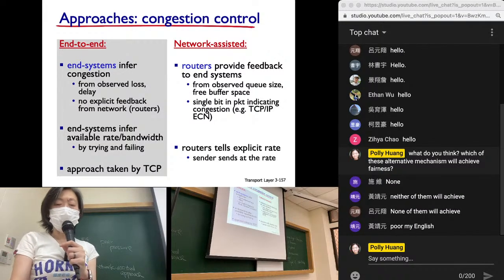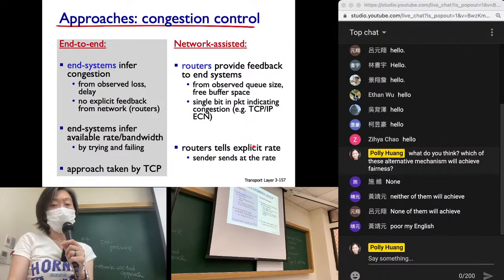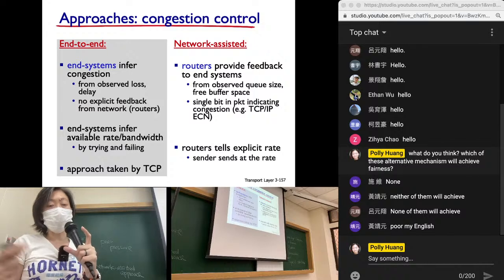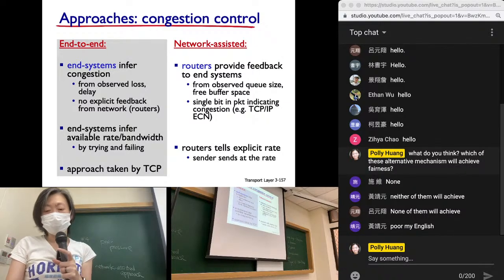So essentially, using the network-assisted approach, routers tell explicitly that there's a congestion, and oftentimes also advise what rate to adjust to. How? Given the free buffer space, isn't it? So that will be the window size to recommend to the sender.